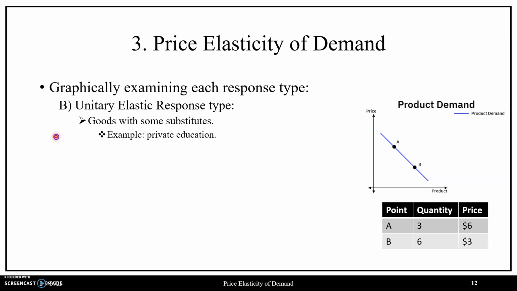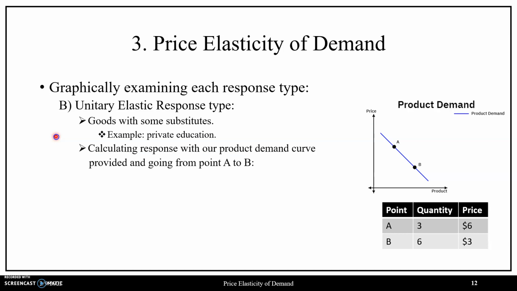Education itself may be viewed as a necessary good, but there's going to be public education that most people have access to, so private education is not necessary in that regards. And in regards to substitutes, there may be a few private education institutions around in a particular area that are being offered, but also there's the public option that's available for everybody as well.